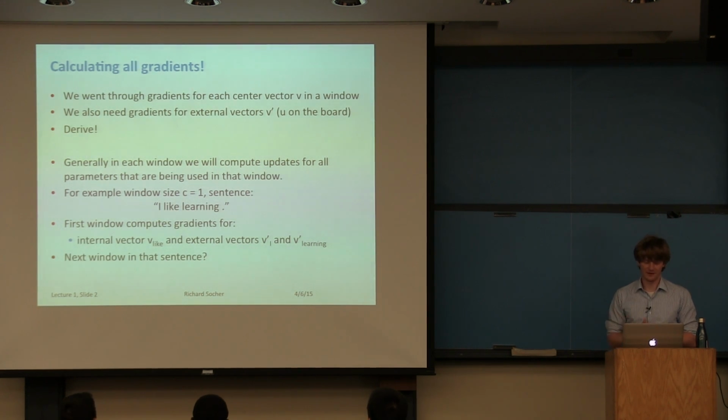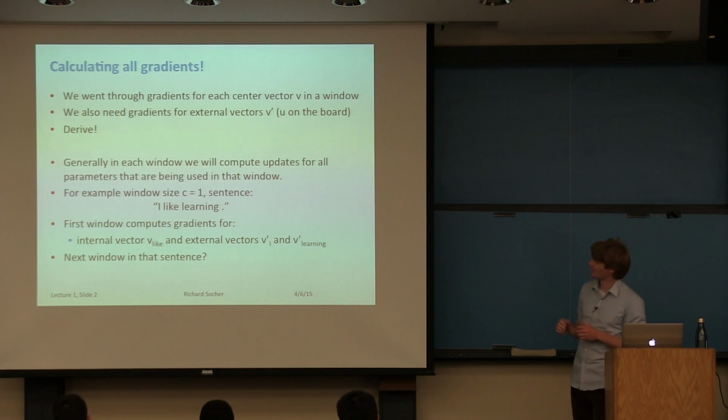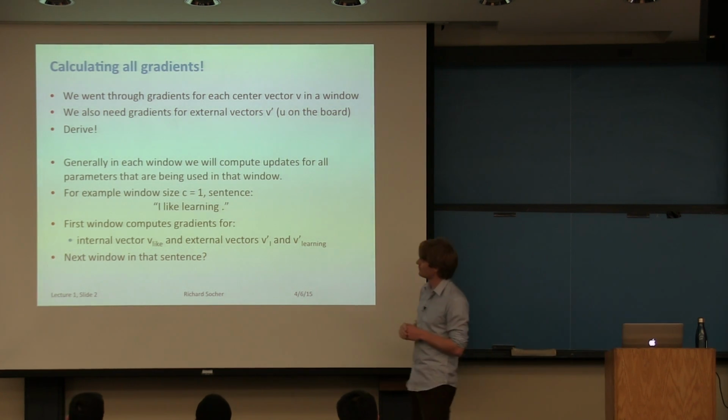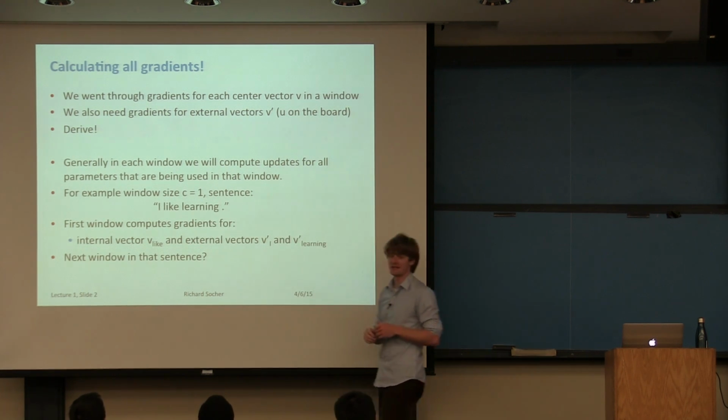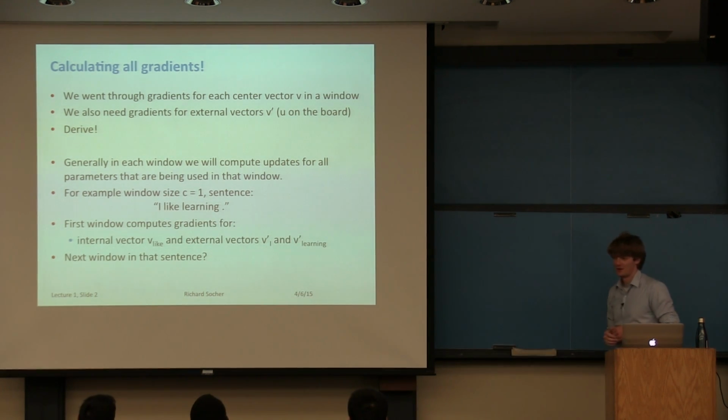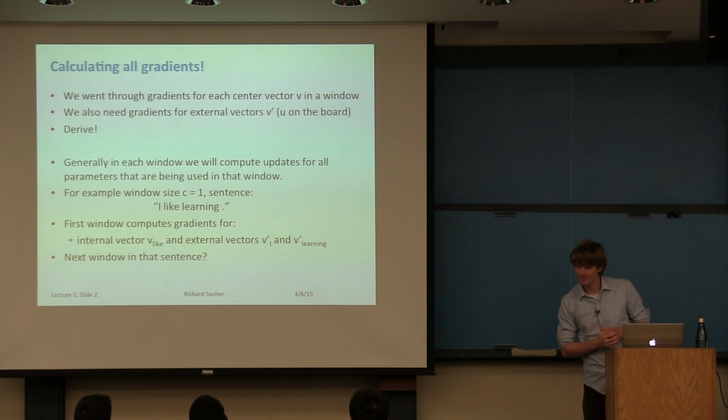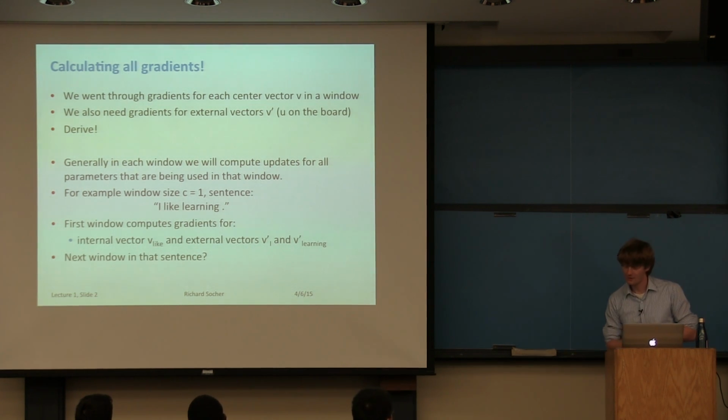What would be the next word vectors that we would update in that sentence, going one to the left and including the sentence period? Like learning period? Yeah, so v prime like and v prime period and v learning. Exactly.